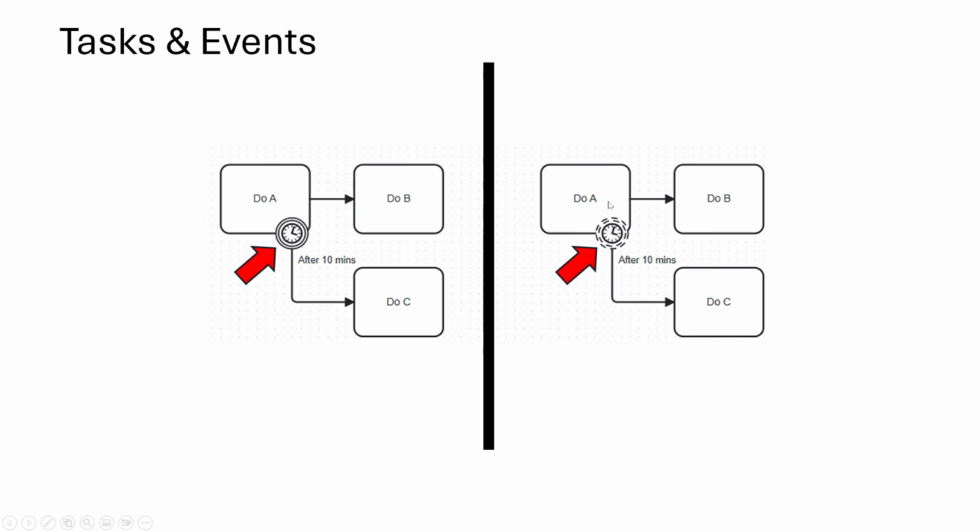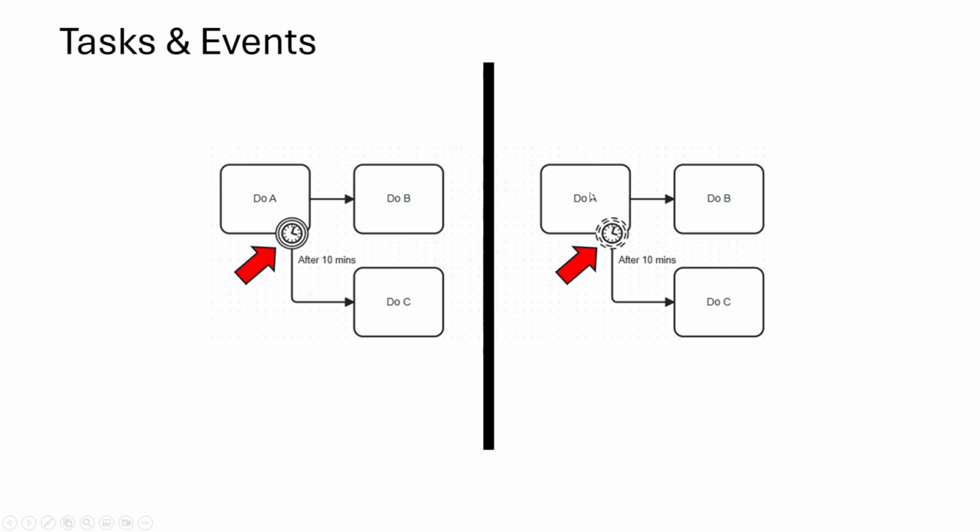However, if we finish A before the 10 minutes, then we will do activity B. In contrast, on the right side here, we have this non-interrupting event. So this means we do A, and after 10 minutes, this non-interrupting event gets triggered, so we will do C, but we will not interrupt A. This means in the end, we will do activity A, activity B, and activity C, because this timer event is non-interrupting.